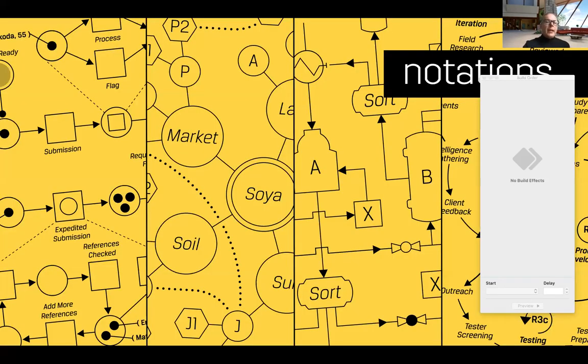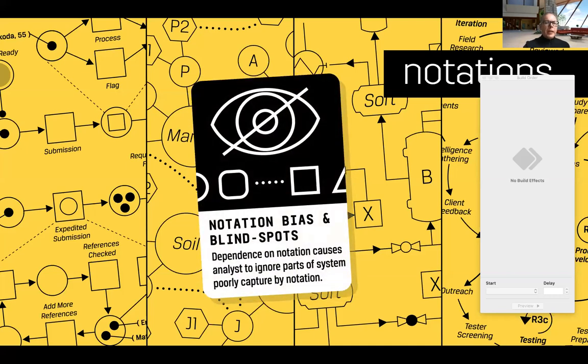So my big lesson from surveying all of these notation styles, and I have dozens of other ones that I could have gone through, some of which are very technical and hard to learn, is that a lot of these methods of visualizing systems also have a certain bias to them.